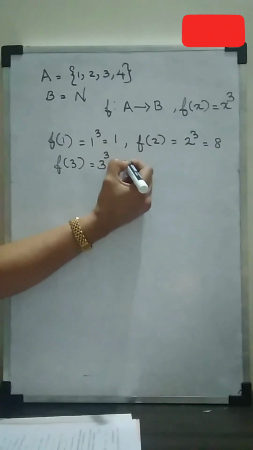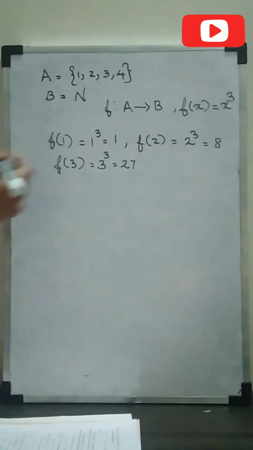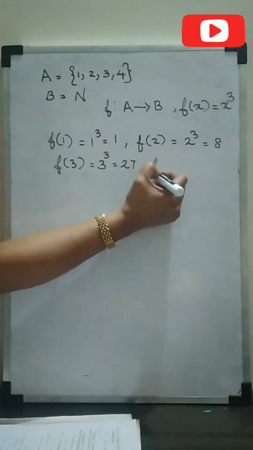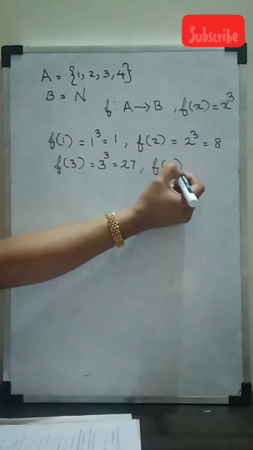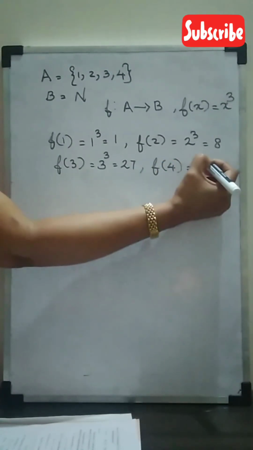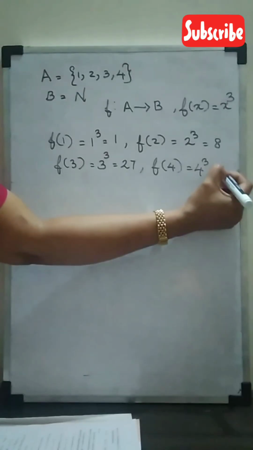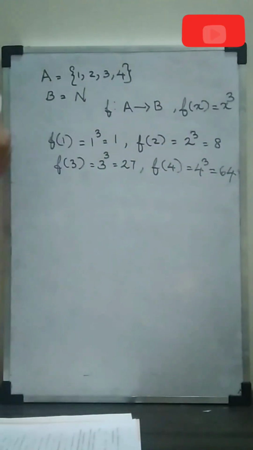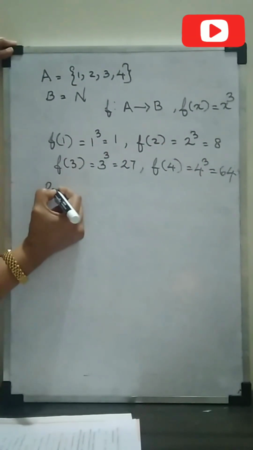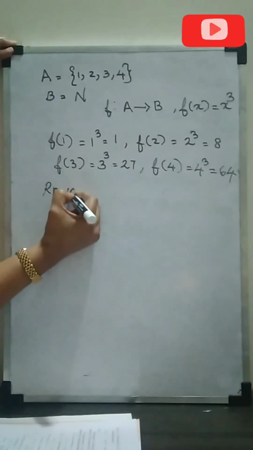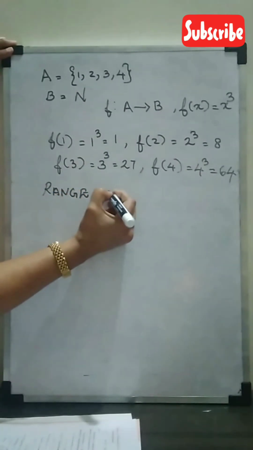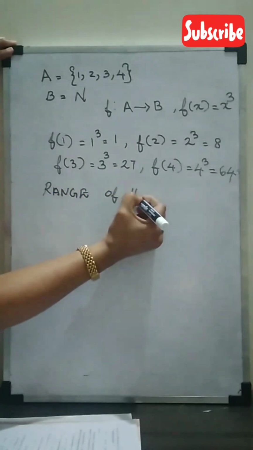That is equal to 27. And last one f of 4. That is equal to 4 cube, which is equal to 64. Now range is equal to range of the given function.